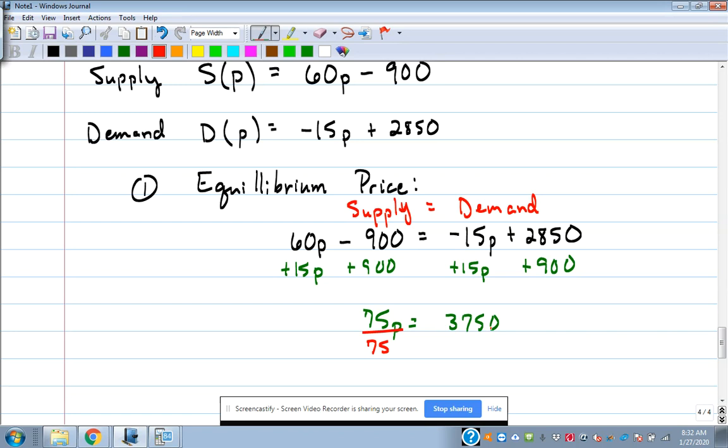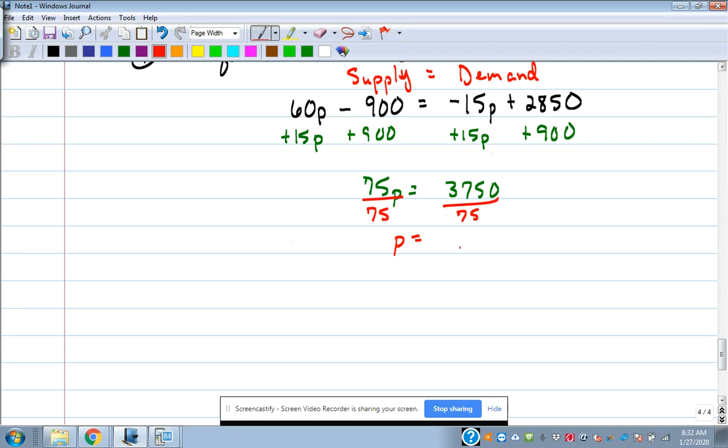Divide by 75. The price at equilibrium would be that goes 50 times: $50. Whatever we're building here in the context of this problem, if we set the price at $50, then our supply and our demand meet up. That's a good place to be. Okay, so that's nice.